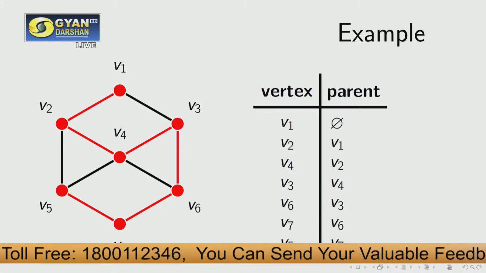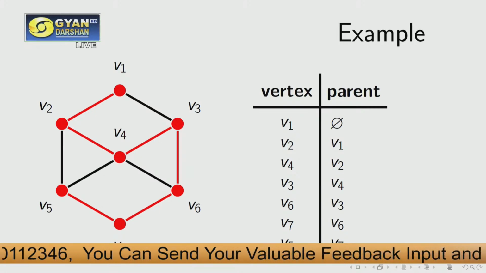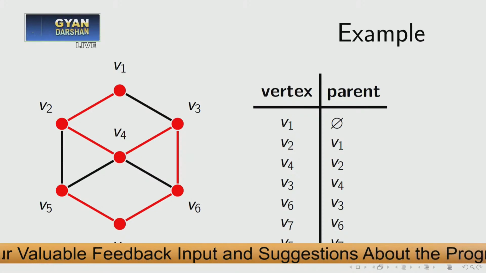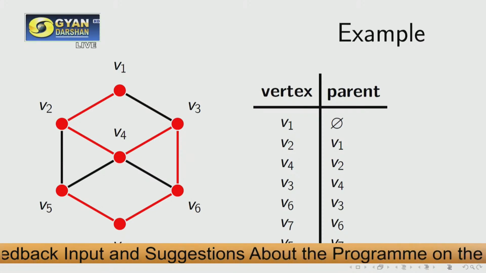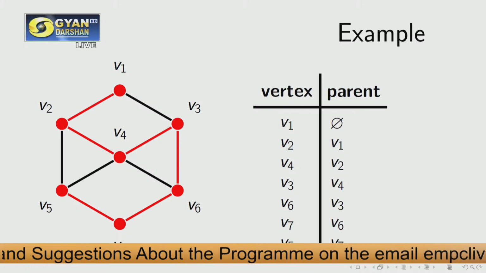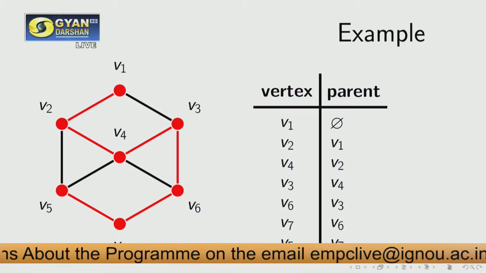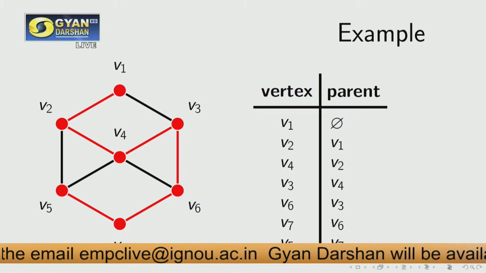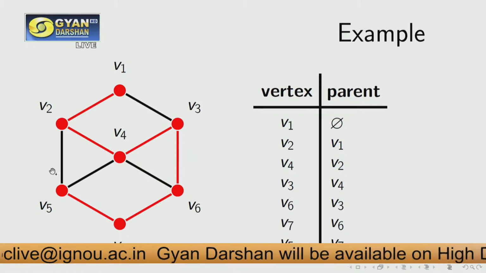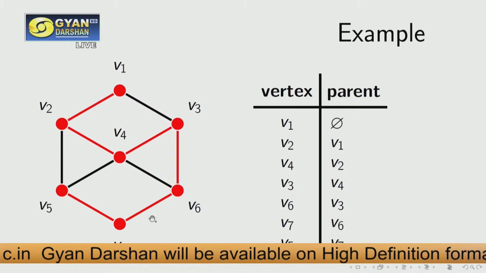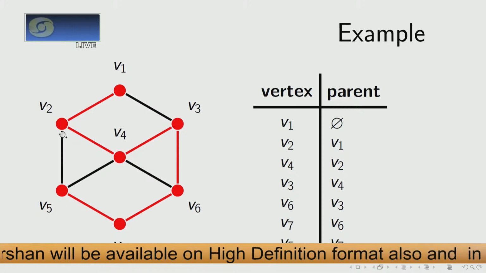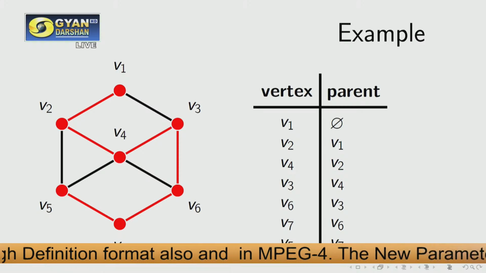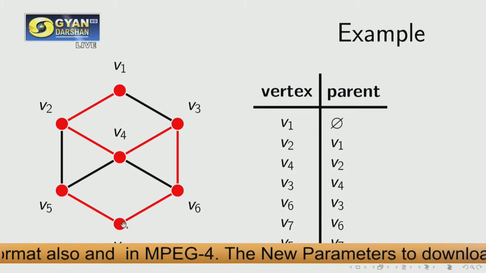Similarly, if we look at the edge V2V5, then the unique path in the spanning tree is V2, V7, V5, V7, V6, V3, V4, V2. Using this path, we can see the parent of V5 is V7, and then V7's parent is V6.